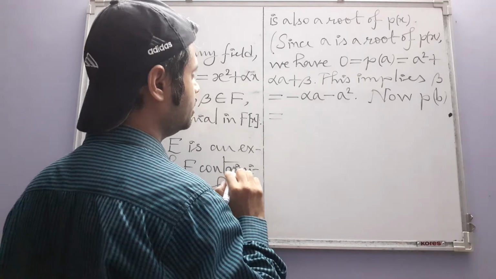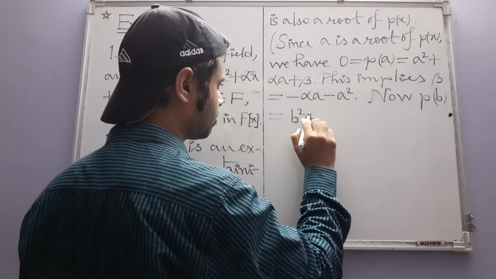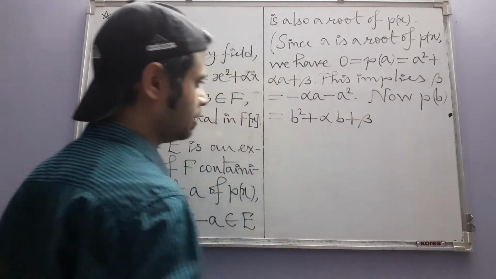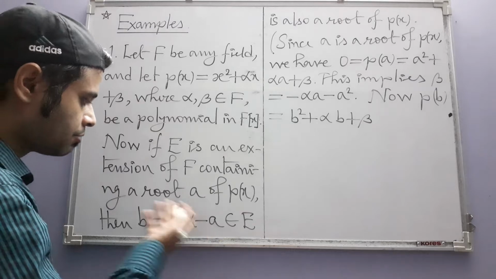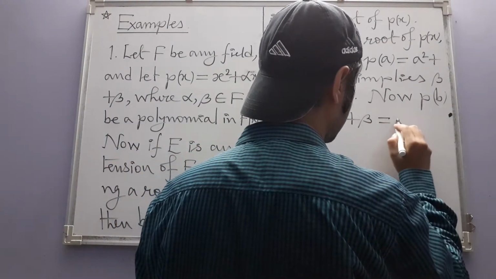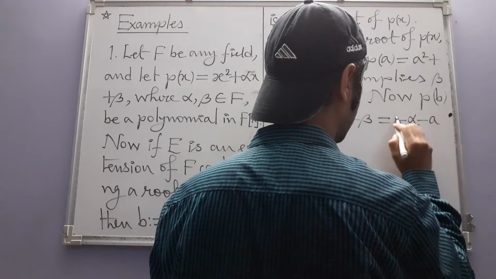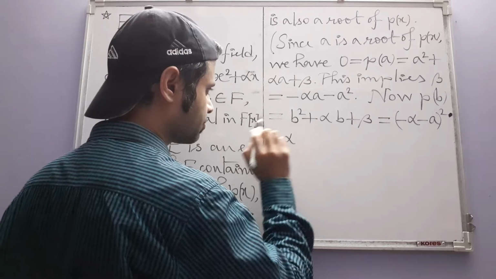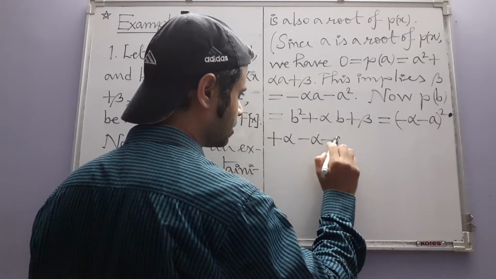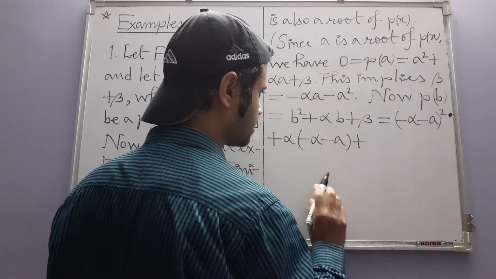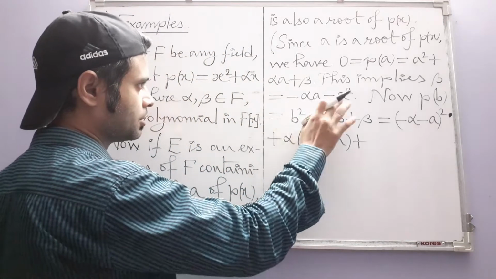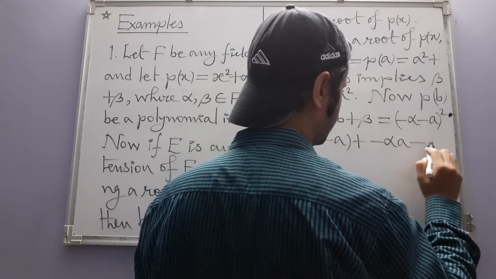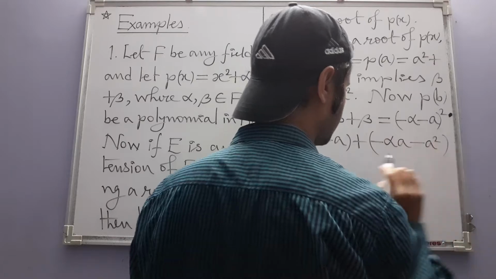Now p(b) is, at first we just simply use the expression, plus beta, and then we write what b is. b is minus alpha minus a, its square, plus alpha times minus alpha minus a, plus, yes, I was right, so this will now be useful, minus alpha a minus a squared.